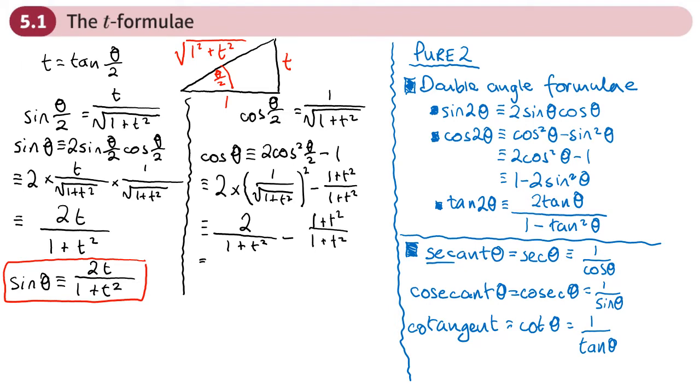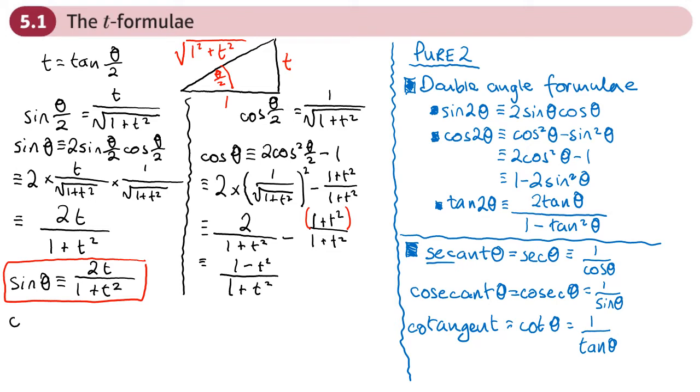And that will leave me with 2 minus 1, so that's going to be 1, and then 1 minus t squared, because I'm subtracting both of those. Maybe I should have put it in brackets. So 2 minus 1 is 1, and then nothing minus t squared is going to be minus t squared, not plus t squared. And then over 1 plus t squared. Okay, so now we have an expression for cos theta.